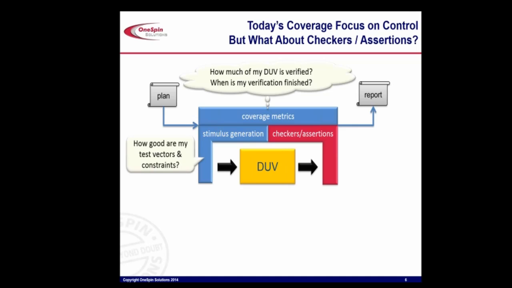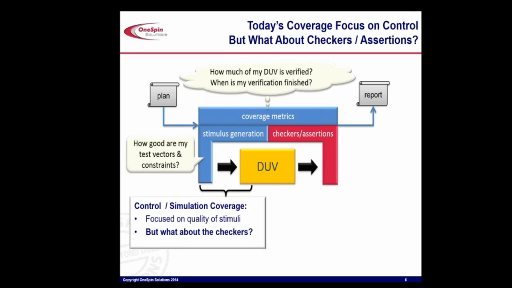So you have a very good understanding of how good your test vectors are by looking at the coverage data that you accumulate during your testing. So what does it mean? Coverage tells you basically in simulation how much of your design has been stimulated, how much has been exercised. So you really see, do you exercise all the scenarios?